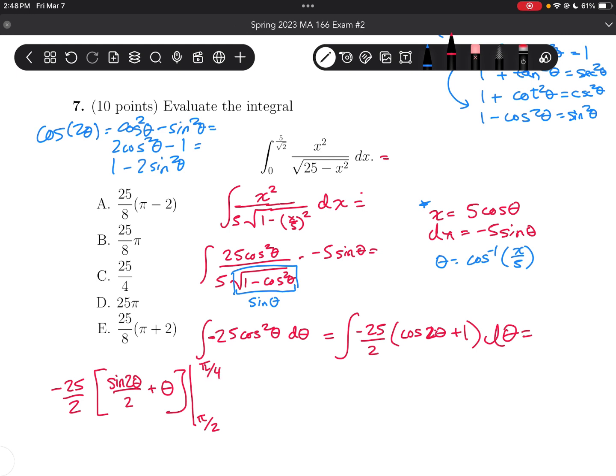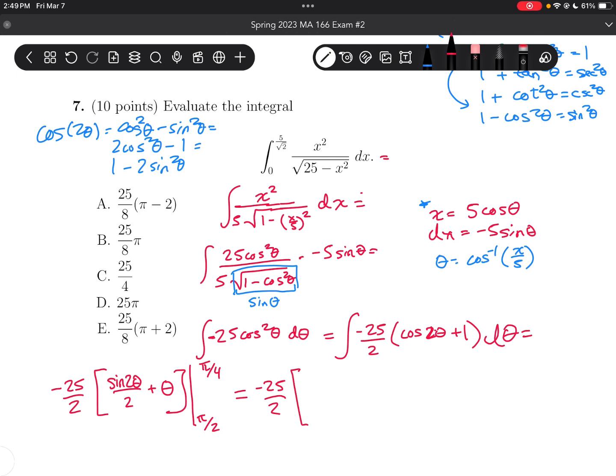That's because the arc cosine of 0 is pi over 2, because that's where cosine is 0. And the arc cosine of 1 divided by root 2 is pi over 4, because at pi over 4, cosine is root 2 over 2. Okay, and now I can just plug things in and find the answer. So negative 25 halves.